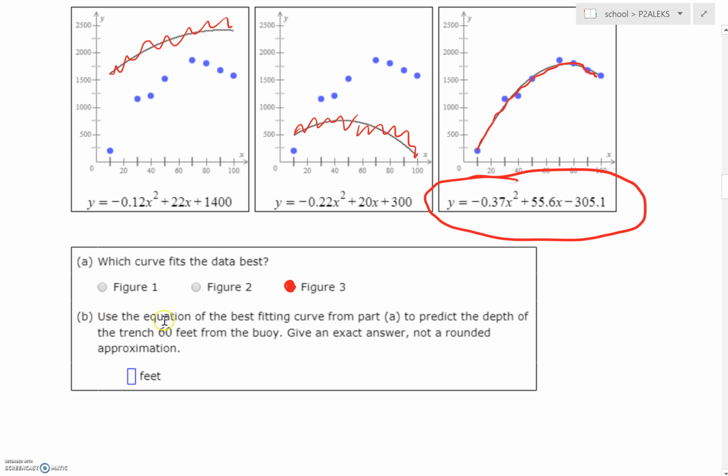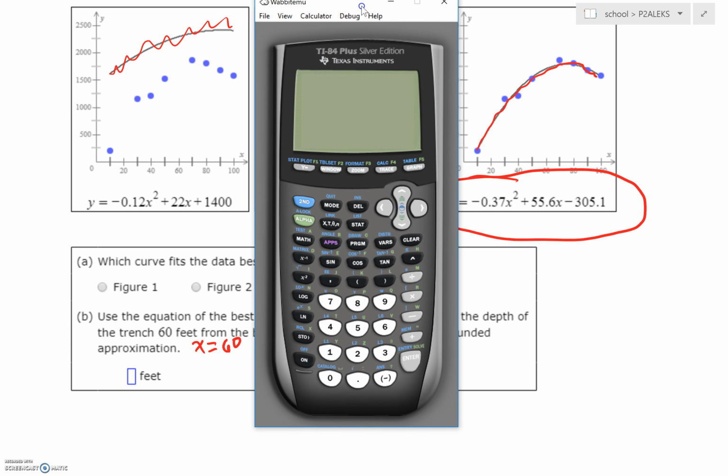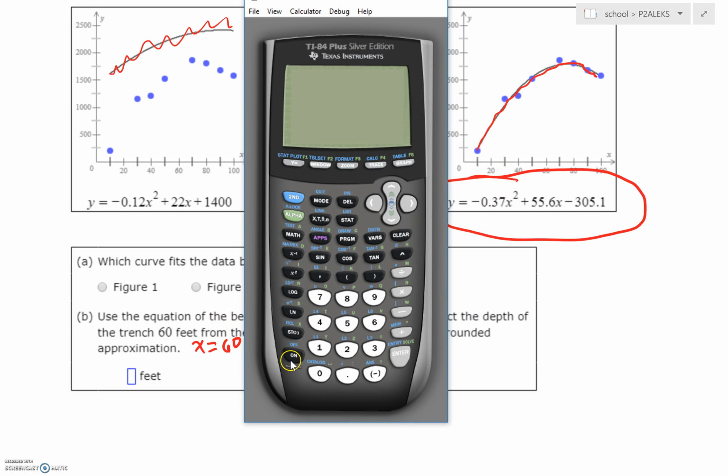So part B, they're saying use the equation to predict the depth of the trench 60 feet from the buoy. That is, you want X to equal 60. Well, tell you what, we can take our calculator out and we can say, look, here's your equation, and I'm just going to type in negative 0.37, or you could go 0.37.